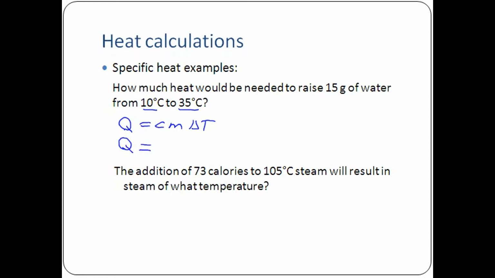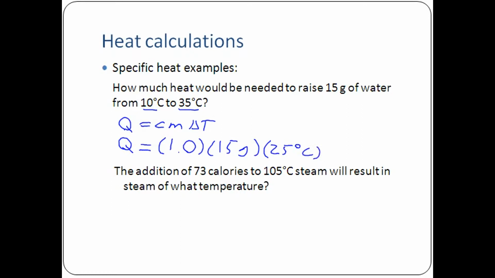We know that 10 degrees to 35 is liquid water. For liquid water, the specific heat is 1.0. The mass is M, it's 15 grams of water right there. And then we're raising it from 10 degrees to 35, so the change in temperature would be 35 minus 10, 25 degrees Celsius.